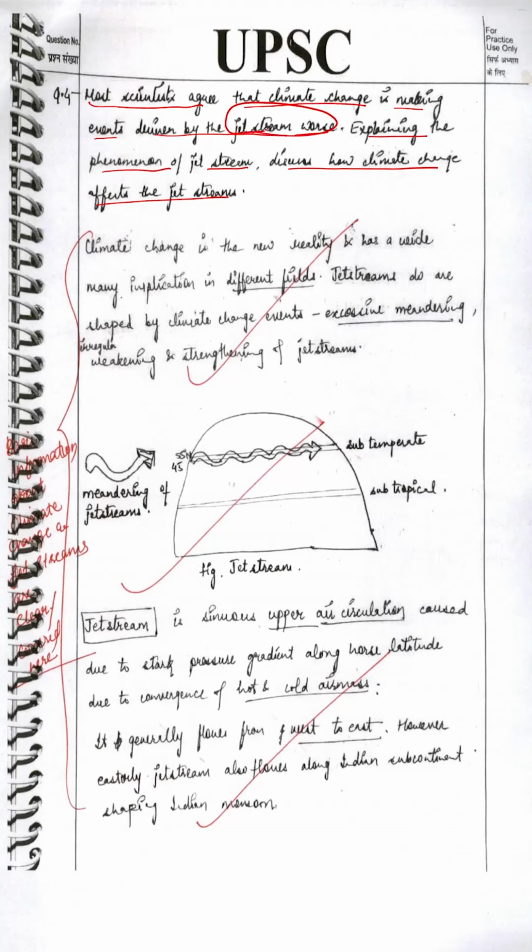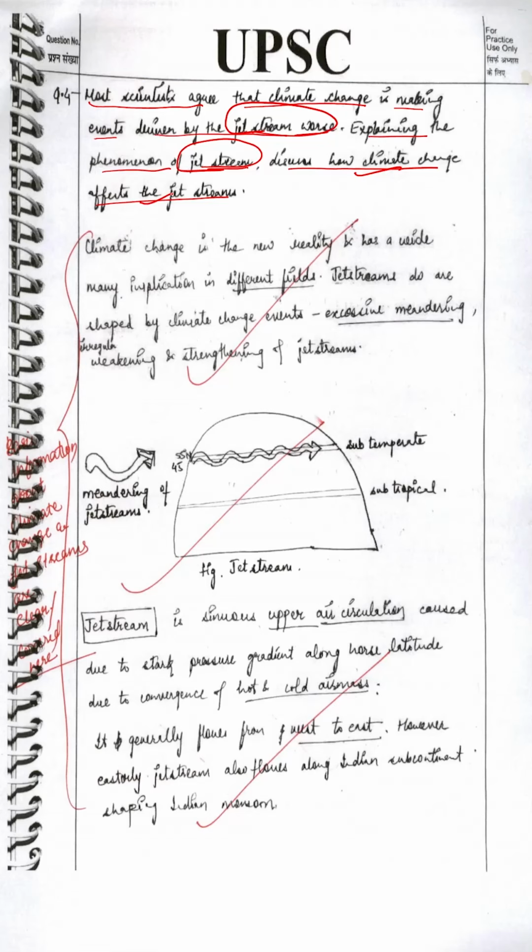Okay, so here we need to talk about the jet stream and what is the impact of climate change on it. Now the second part is explaining the phenomenon of jet stream. We need to explain the phenomenon of jet stream and discuss how climate change affects the jet stream. The impact of climate change on the jet stream also needs to be discussed.